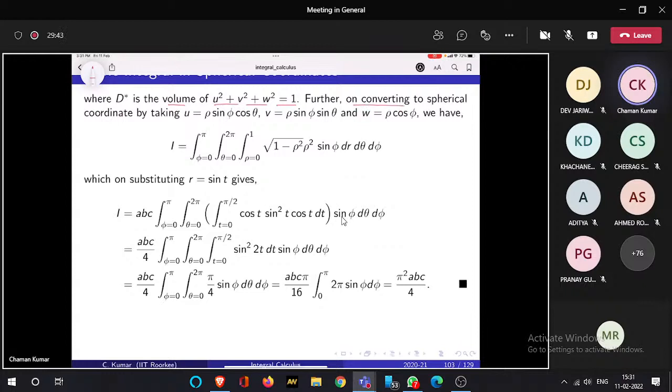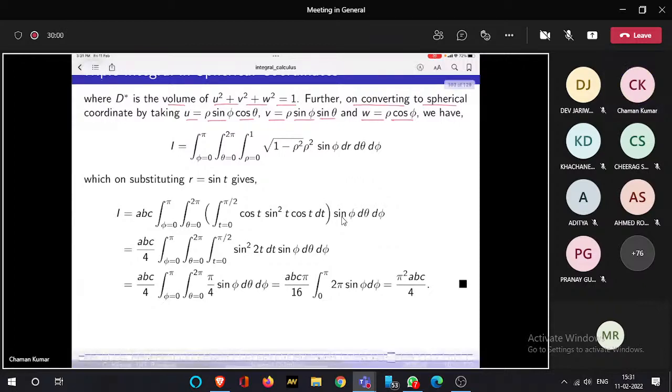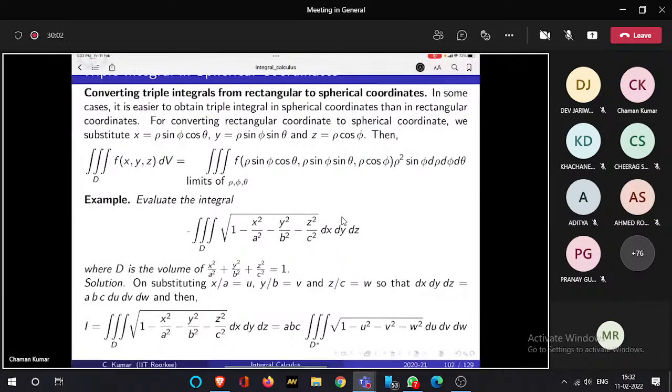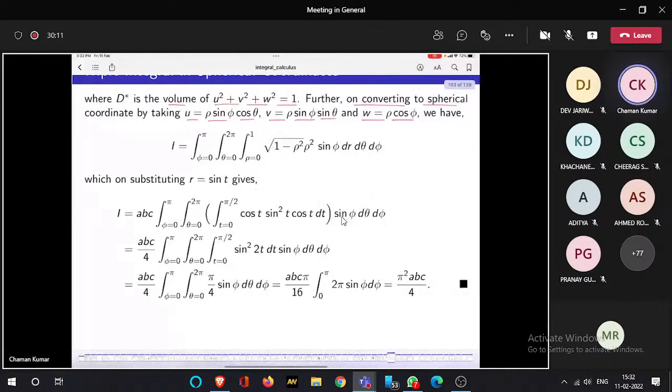Now further on converting to the spherical coordinates, we make this transformation. So we make u equal to rho sine phi cos theta, v equal to rho sine phi sine theta, and w equal to rho cos phi. By this substitution, we put the values of u, v, and w in this integral. So what do you get?